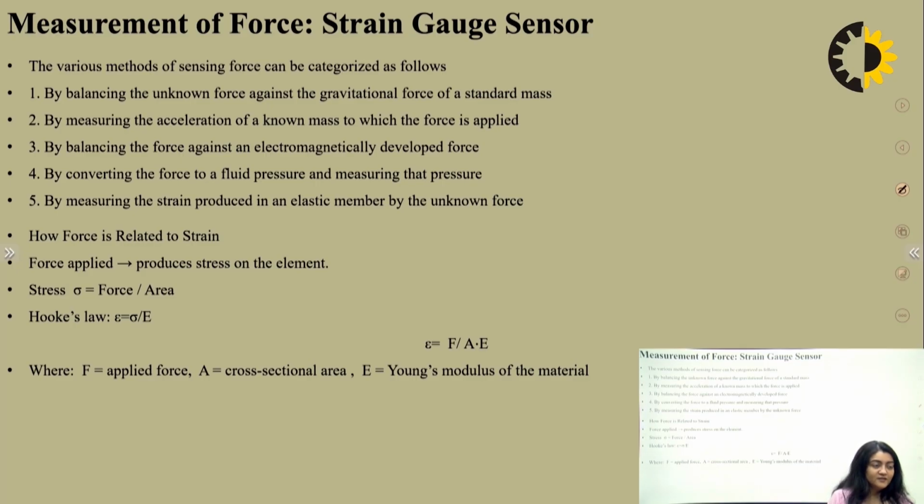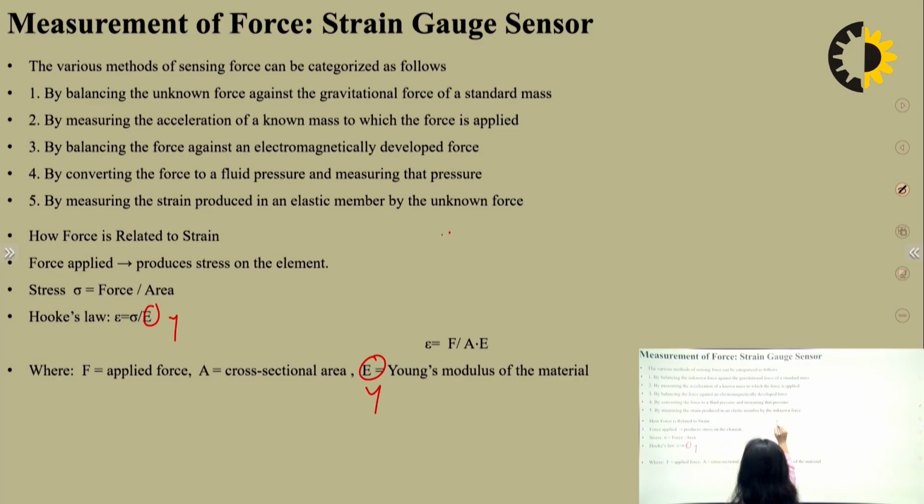So strain is equal to stress upon Young modulus, epsilon is equal to F upon A into E, that is force upon area into Young modulus. You may use the Young modulus as Y, that is the Young modulus constant.